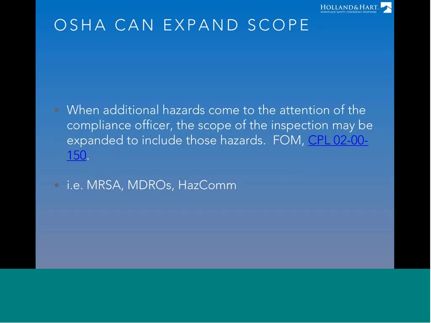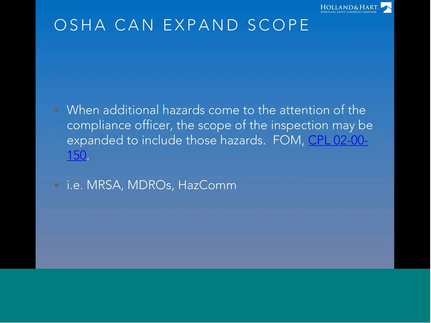So as Cole mentioned, when they show up at your door and they say, "I'm from the government, I'm here to help," they're not necessarily going to narrowly confine their review of your procedures.